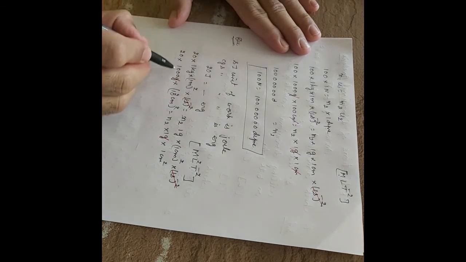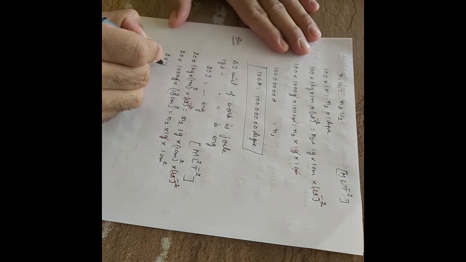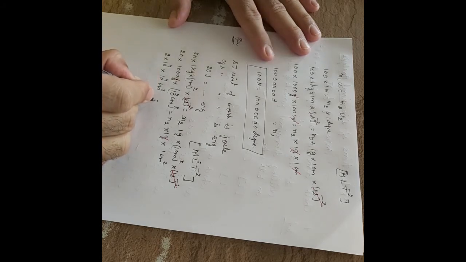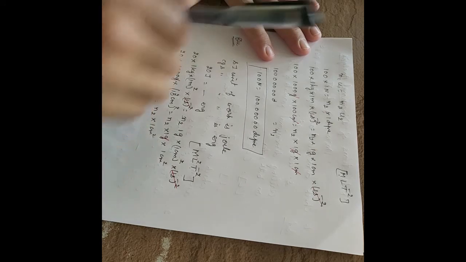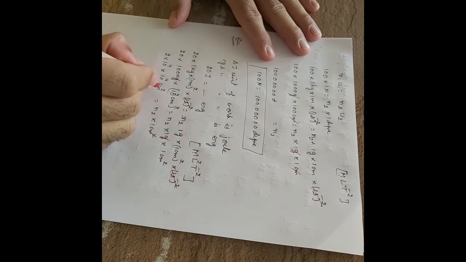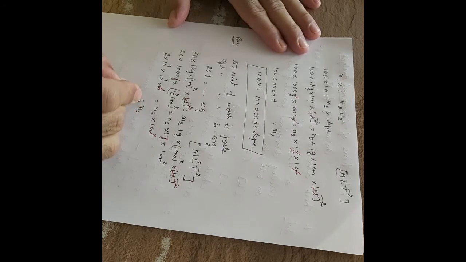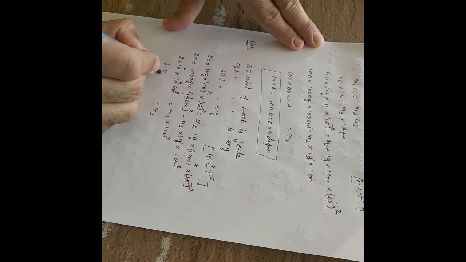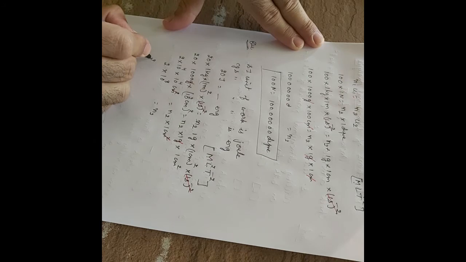So I can write it here as 2 into 10 to the power 4, 4 zeros. And if I open this, 10 to the power 4 centimeter square equals N2 into 1 centimeter square. So from here I can cancel this centimeter square. So I will get N2 equals 2 into 10 to the power 8. So I can say 20 joule equals 2 into 10 to the power 8 erg.